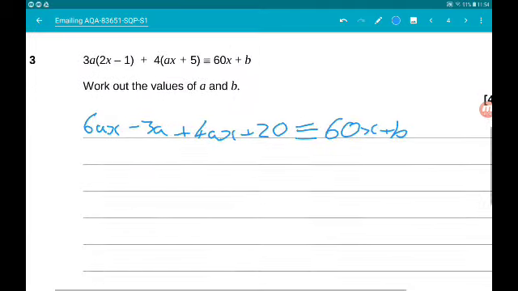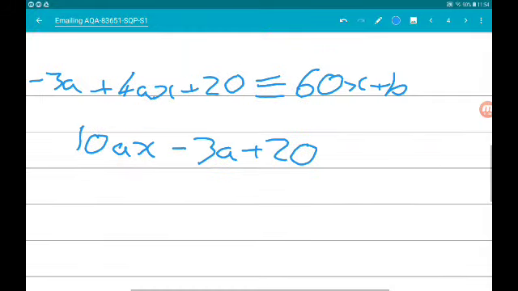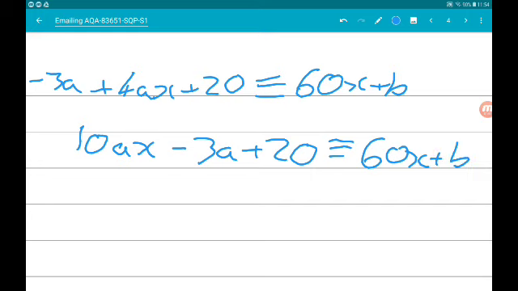Okay, let's simplify on the left. So we've got 6ax add 4ax, and that's 10ax. And then we've got minus 3a add 20. And that's identical to 60x add b. So this identity means that we have to have the same amount of x on the left and right, and the same constant term.